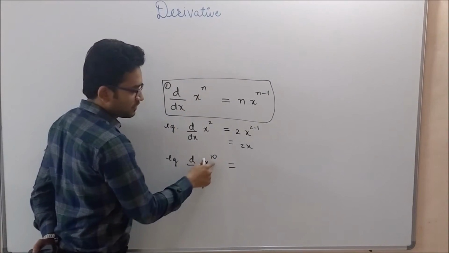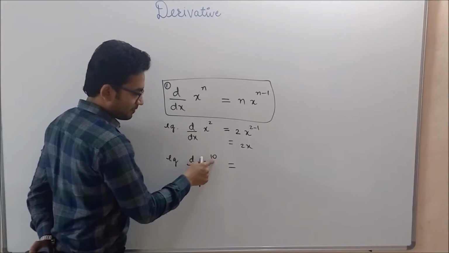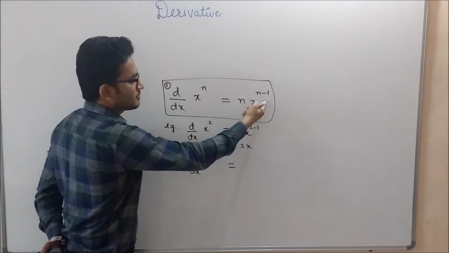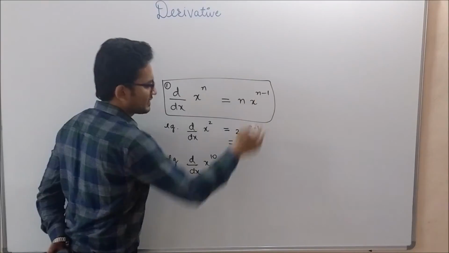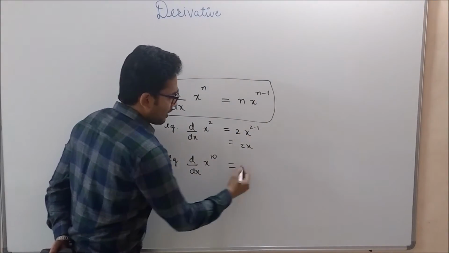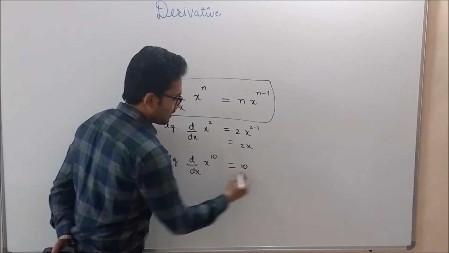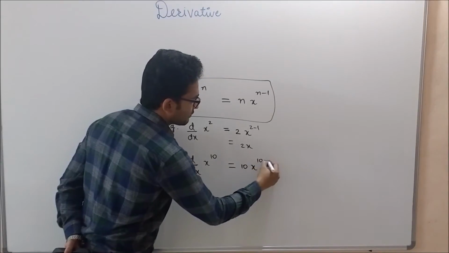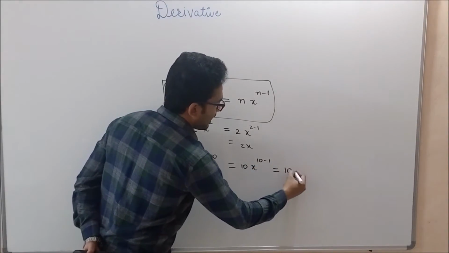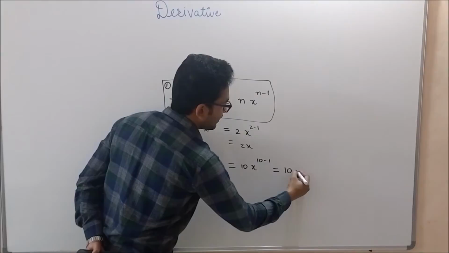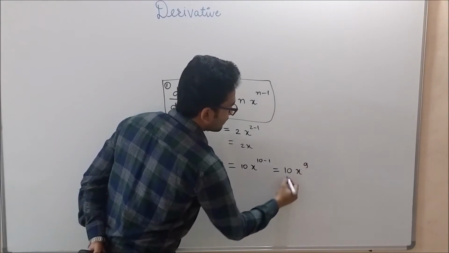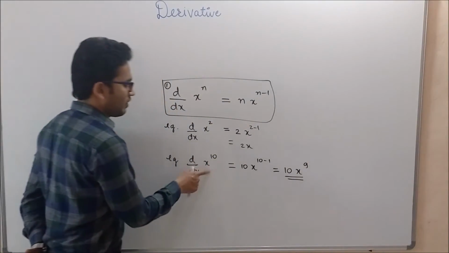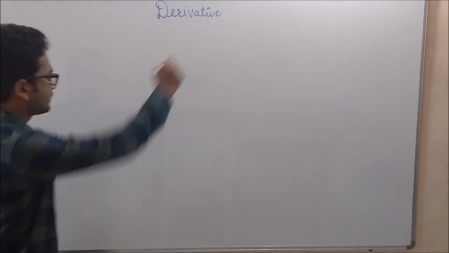Here also it is x raised to, instead of n, we have got 10. So the formula says n will come in front and x raised to power n minus 1. So here 10 will come in front, x raised to 10 minus 1, which implies 10 x raised to 9. This is the answer for the derivative of x raised to 10.